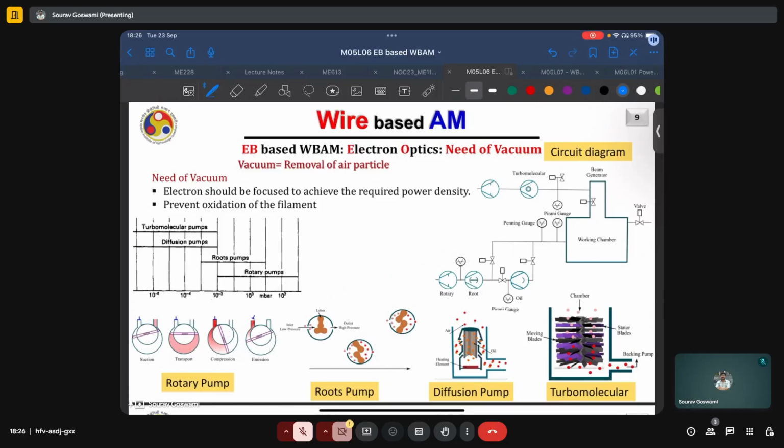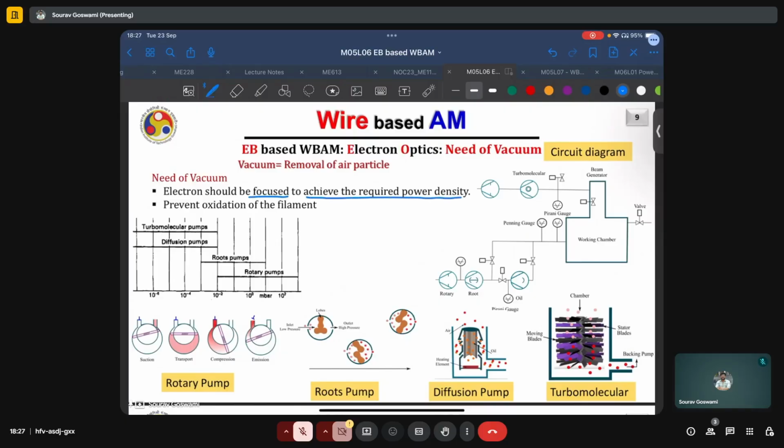And so we have to ensure that during their travel, electrons do not encounter any other heavier particles or heavy molecules to be able to reach the target surface and transfer their momentum. Thus, a vacuum has to be generated and electrons have to be focused to achieve the required power density on the target surface.